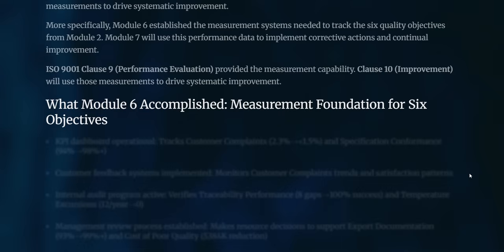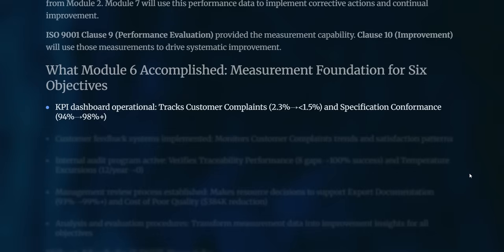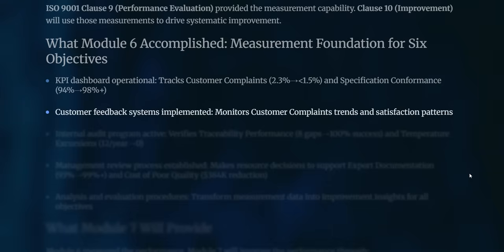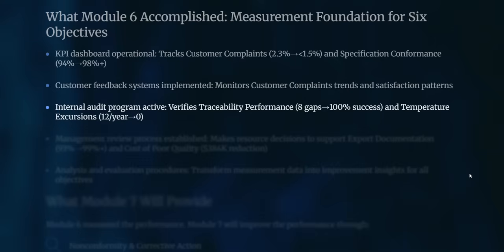What has Module 6 accomplished so far? Measurement foundations for objectives. First, the KPI dashboard has been operational, tracking customer complaints and specification conformance. Then the customer feedback system has been implemented, which monitors customer complaints, trends, and satisfaction patterns. Then the internal audit program has been activated to verify traceability performance and temperature excursions.